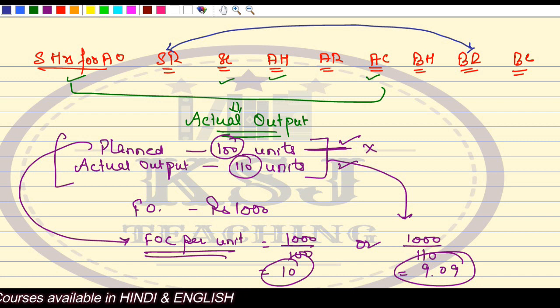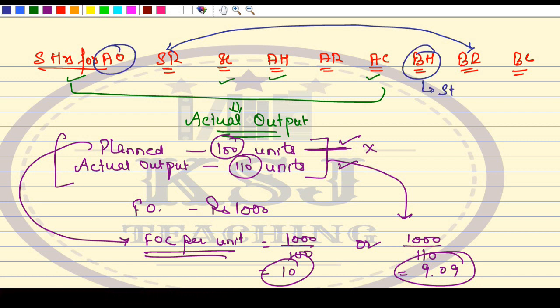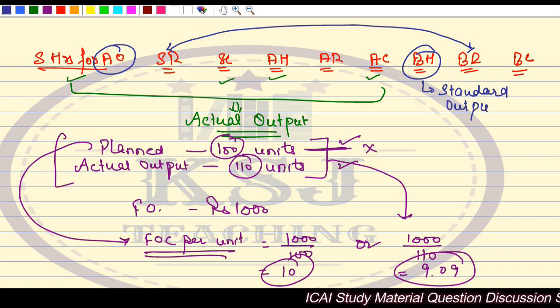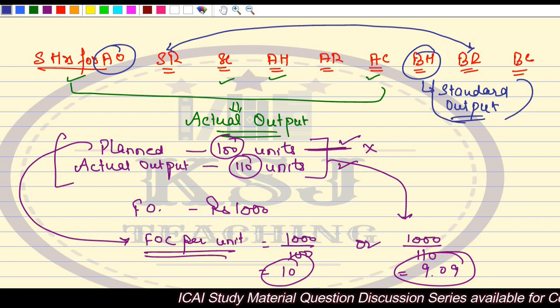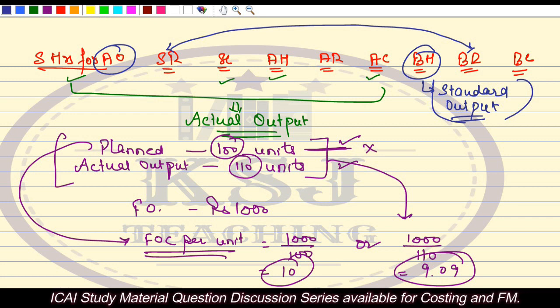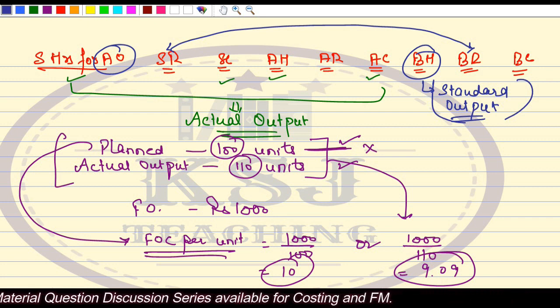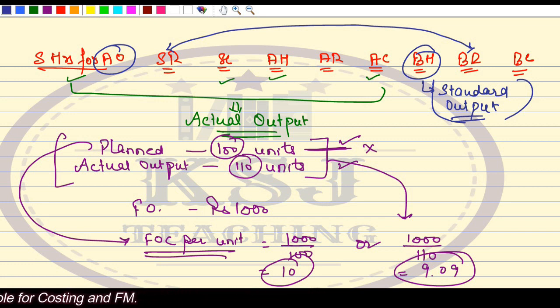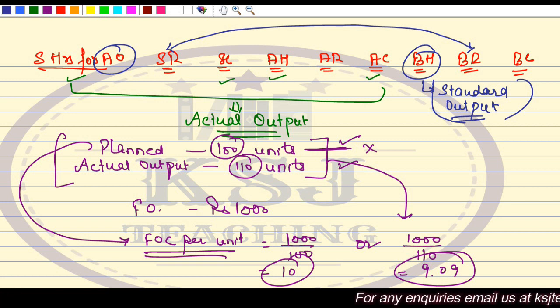The only difference is that the standard hours are for the actual output and these budgeted hours are for the standard output. Clear? So this is a major difference in fixed overhead variances, that we consider the budgets. Budget means we consider the standards we have already set for the standard output.